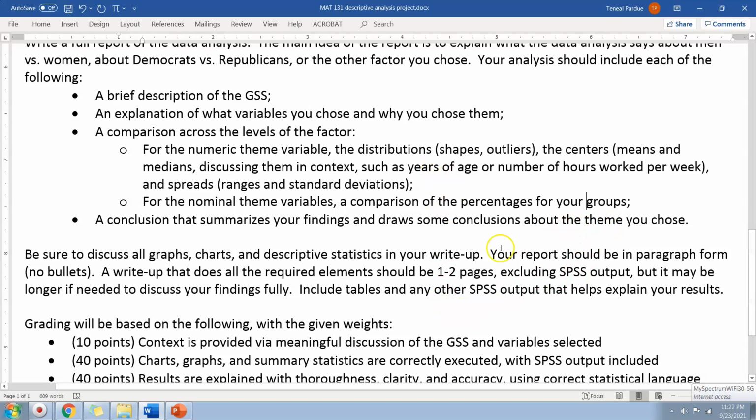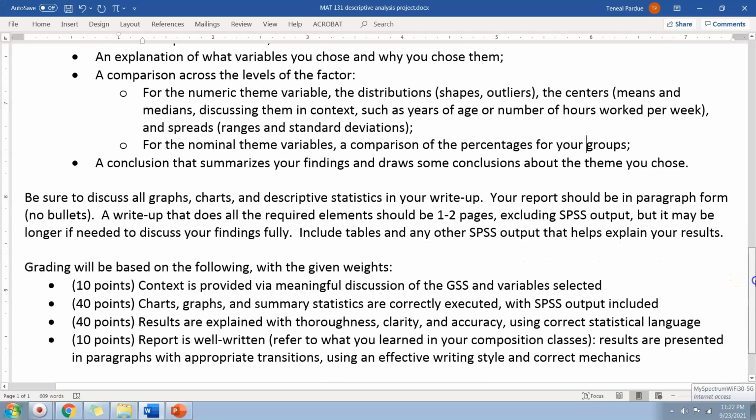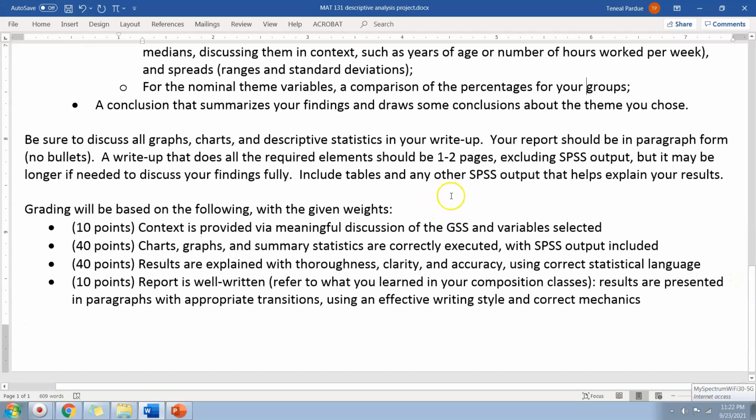I think that's a better way to do it. So like I said, probably 1 to 2 pages of text. But if you need longer to discuss all of your results, feel free. Don't feel you have to be limited to 2 pages.